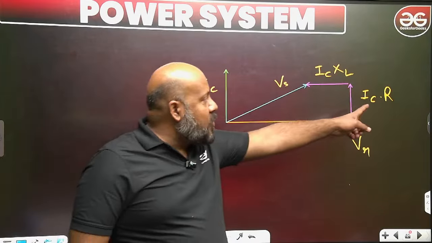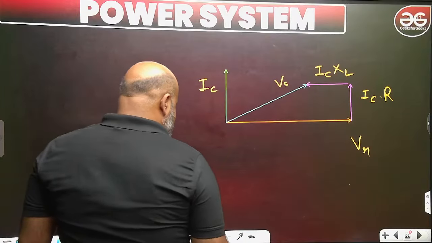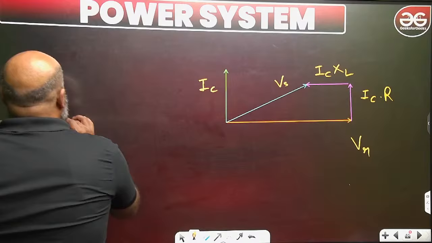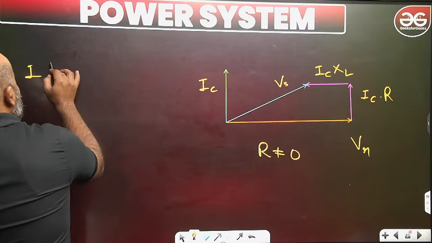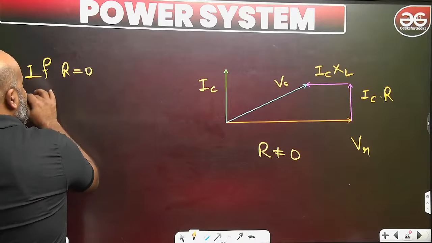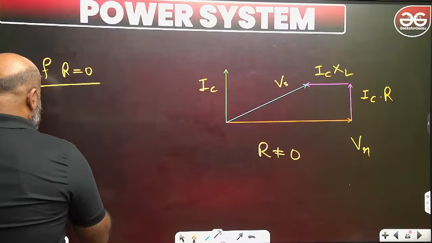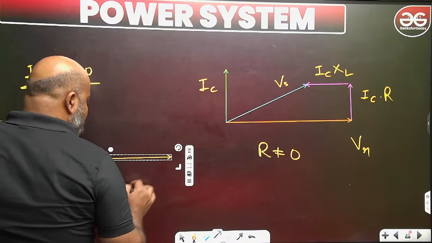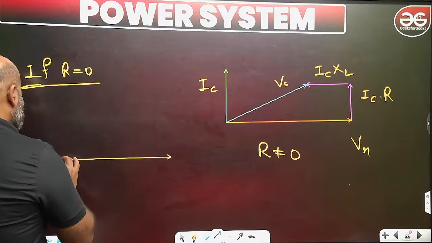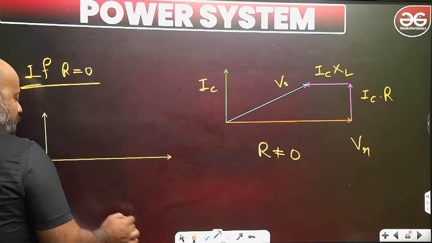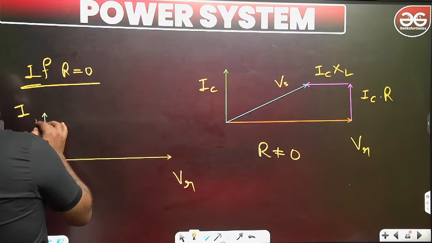Now, here R is not 0. Suppose R is 0. If R is 0, what is going to happen? See very carefully. This is the receiving end voltage, VR. This is the line current IC, a charging or capacitive current, leading the voltage by 90 degrees.